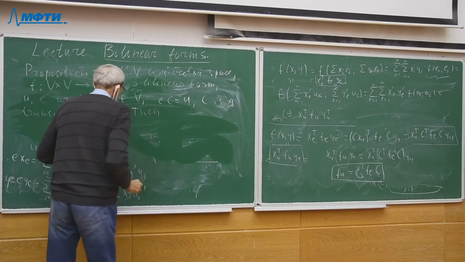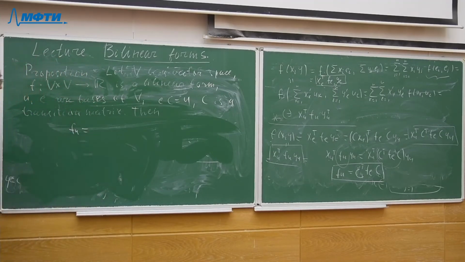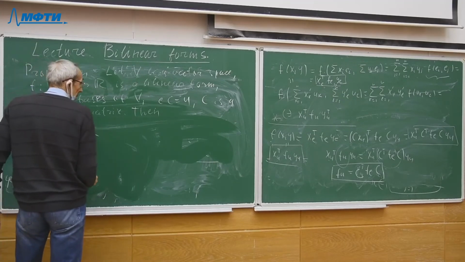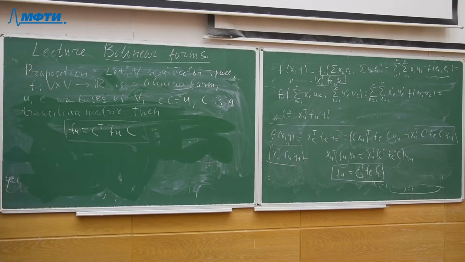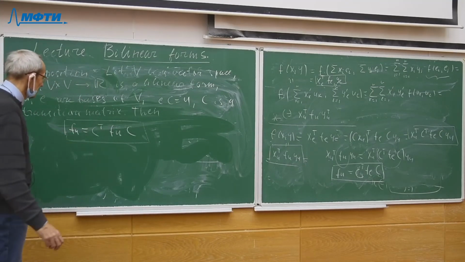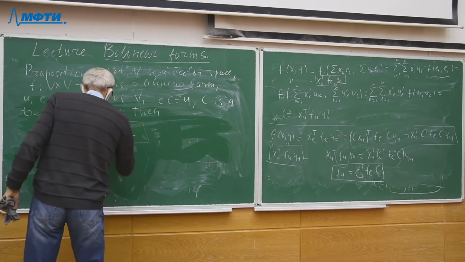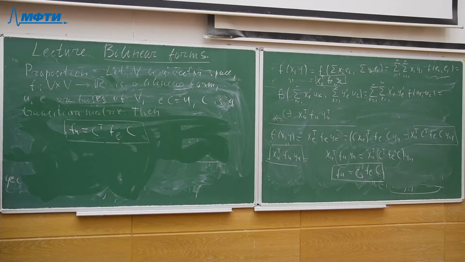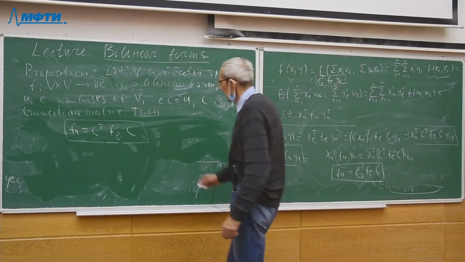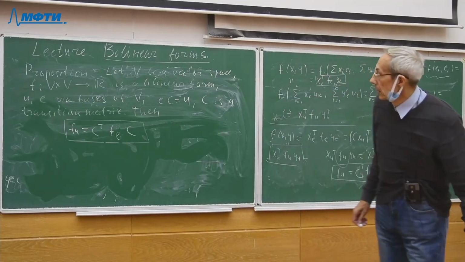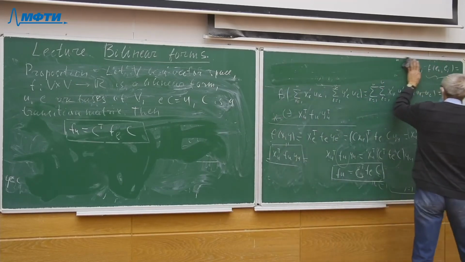Then we have the following equality. Then F_u, the matrix of the bilinear form in the new basis, is equal to the product of the following three matrices: C transpose, where C is the transition matrix, the matrix of the bilinear form in the old basis, F_e, and the transition matrix C. And this is the main result.